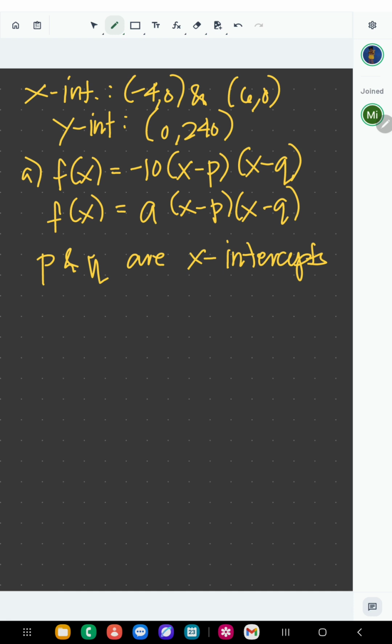So we're given the function in factored form or intercept form. So p and q are x-intercepts, where f of x or y is equal to 0, because you need to set y equals 0 to find the x-intercept. Now we need to write down the equation in that form.